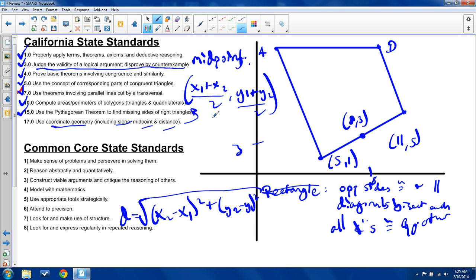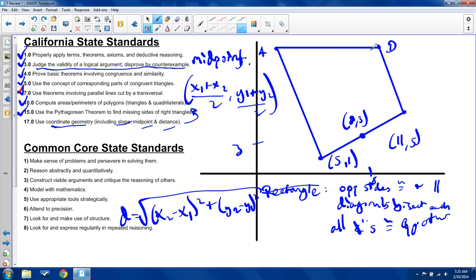So think about that. Slope. If I want to say two lines are parallel, I'm telling you right now, if you say on the test it's because they look parallel or because they're flat, I'm just going to discredit that. If we're talking about coordinate geometry and 17.0 is one of the standards, you better say something about the slopes.